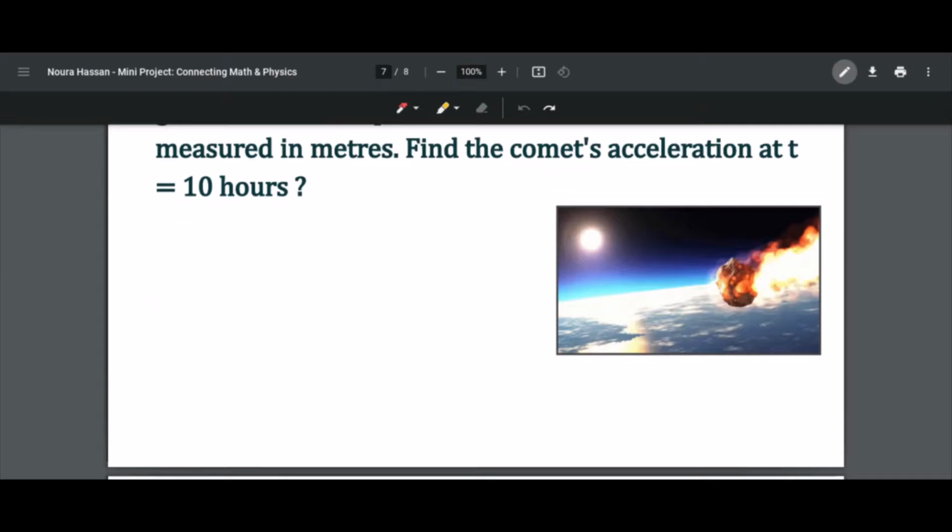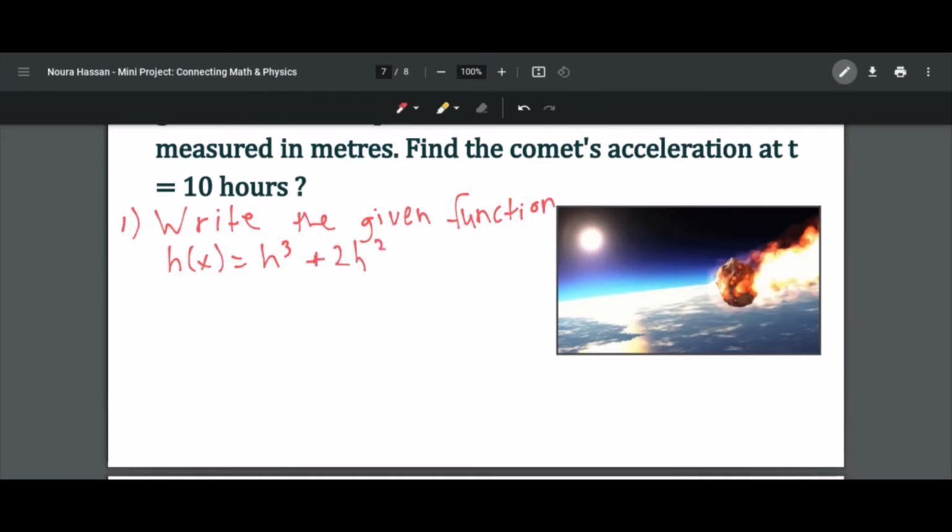Step 1 is to write the given function, which will be h of x, and that will equal h cubed plus 2h squared plus 6h minus 5.